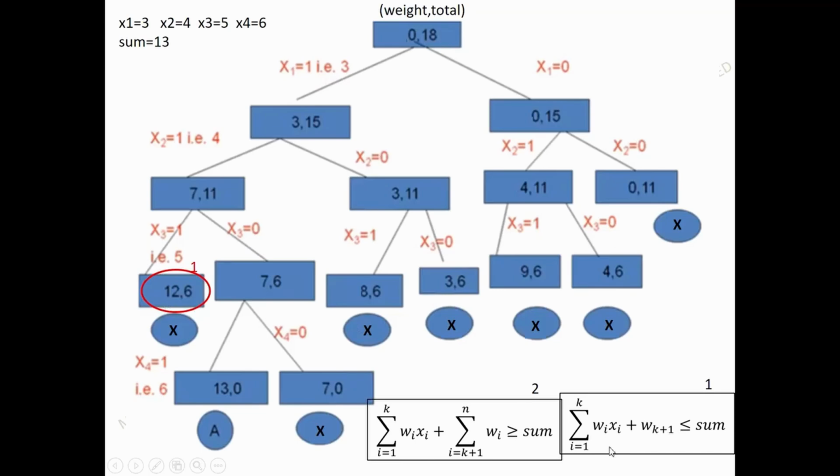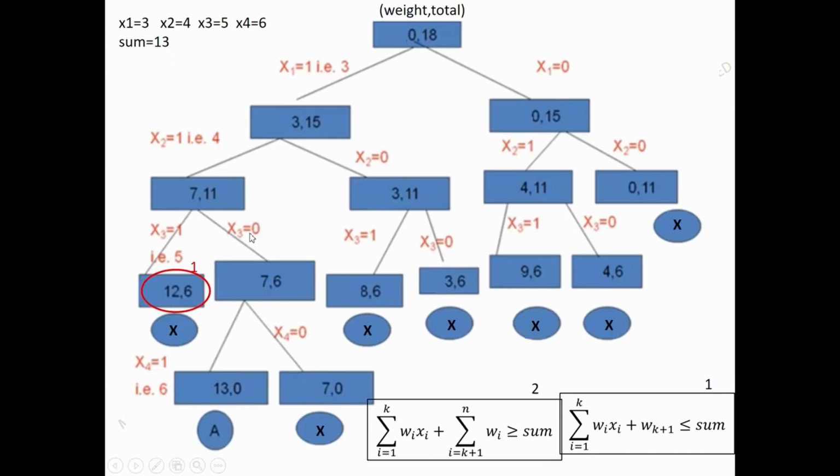The reason being, the sum from 1 to k here is equal to 12, and the element value immediately next to this is 6. If you add 12 plus this immediate next value, the sum is going to become 18, which is violating this condition. That is, it has already exceeded the required sum value.